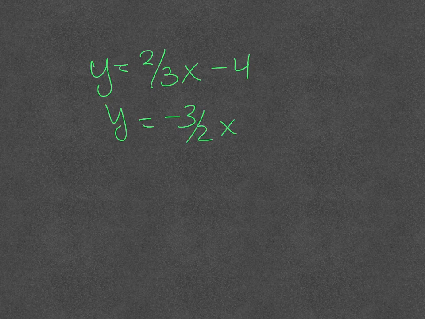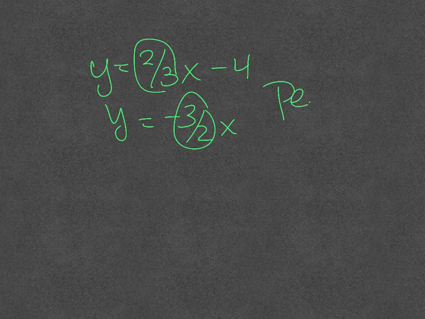They're the opposite and they're the reciprocal, so it's perpendicular. Okay. So you have to memorize the definition of parallel and perpendicular. Parallel is the same slope. Perpendicular is the opposite reciprocal slope.